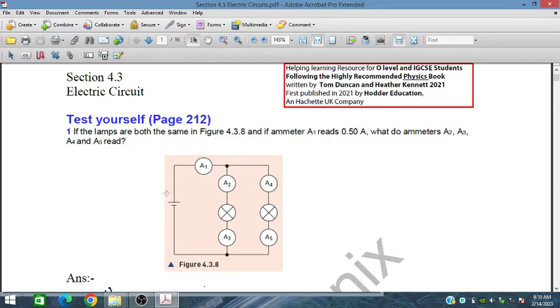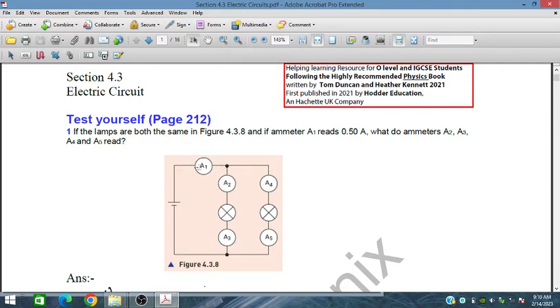So this is a battery source, and this ammeter will measure all the current that these two loads will carry. So A1 will read all the amperes, and the current will divide into these two paths.